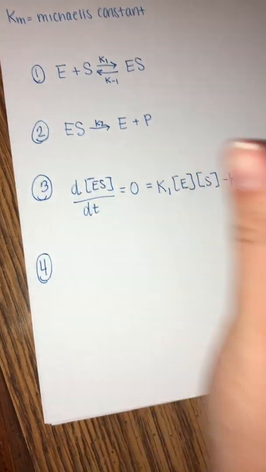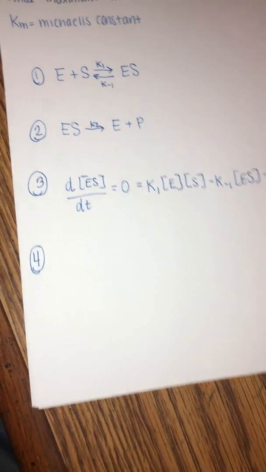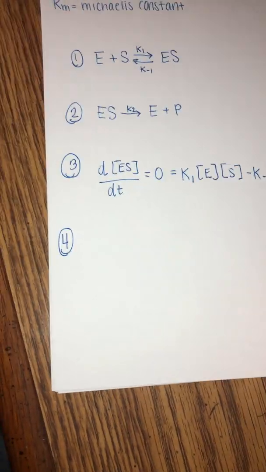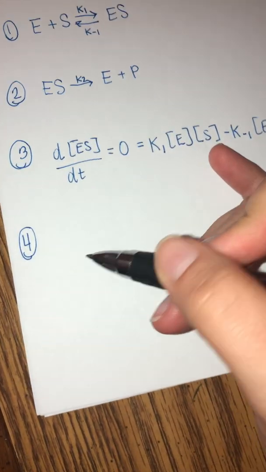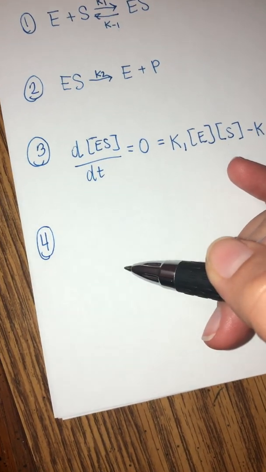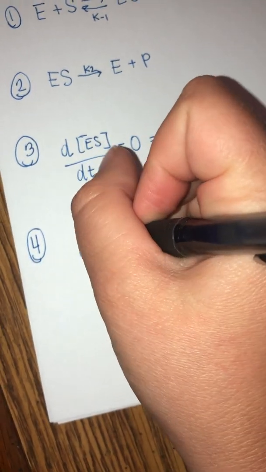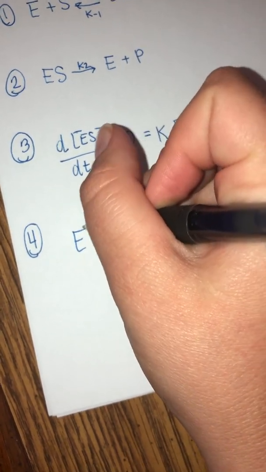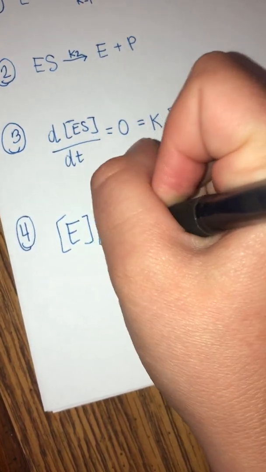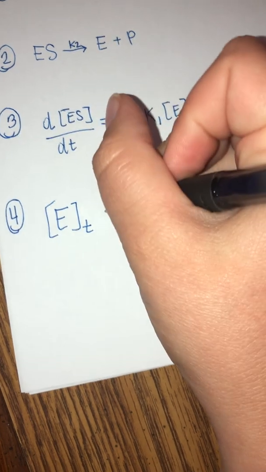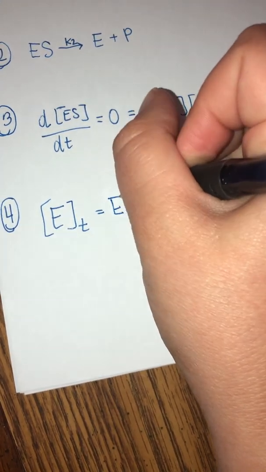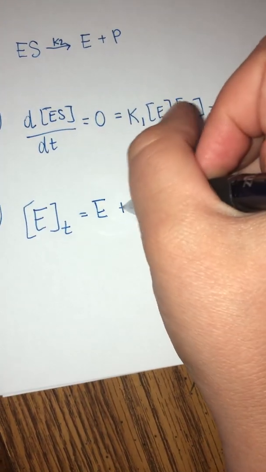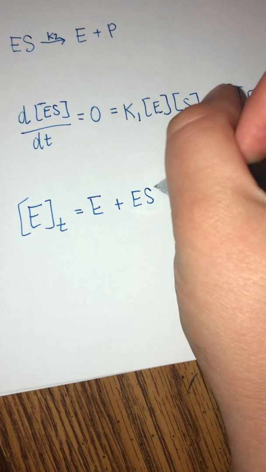So down to step 4 here. Like I said earlier, we are trying to solve for E. We're going to do this by saying that the total amount of E, or E sub T, is equal to E plus ES.